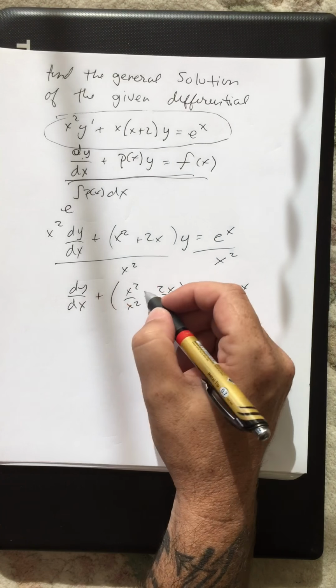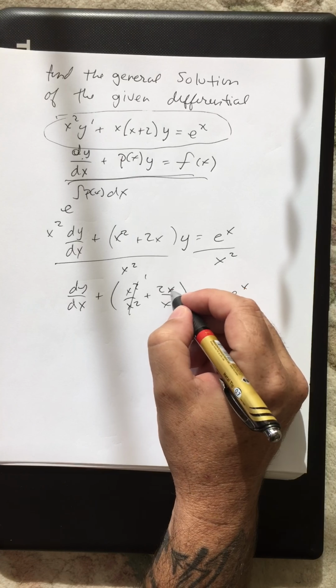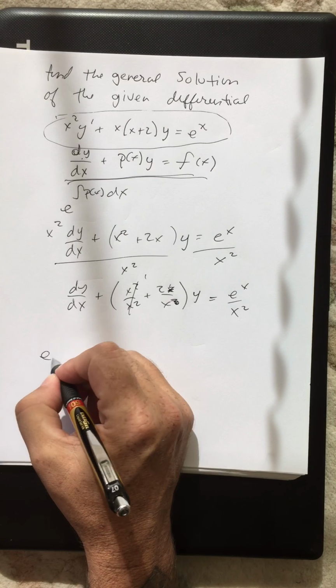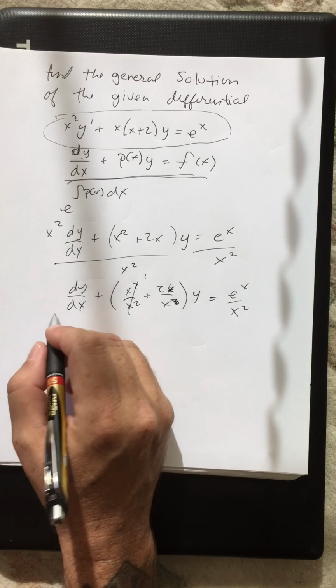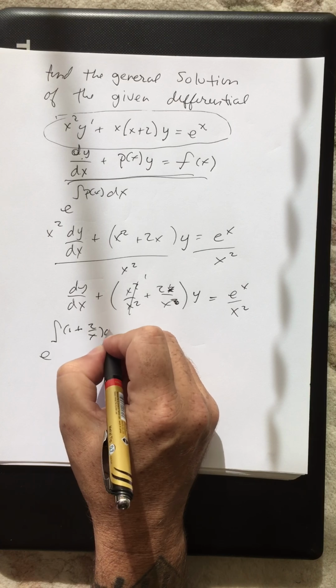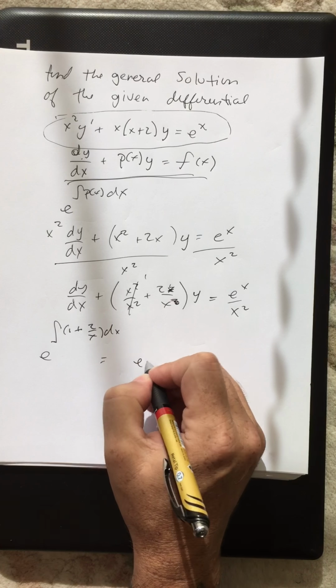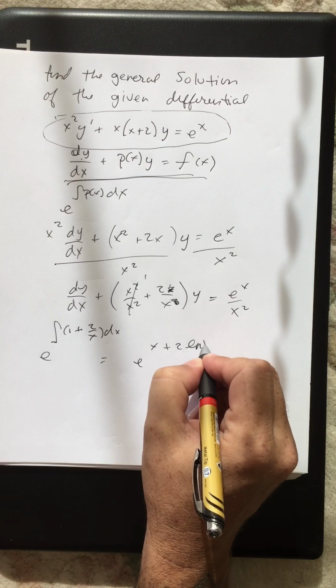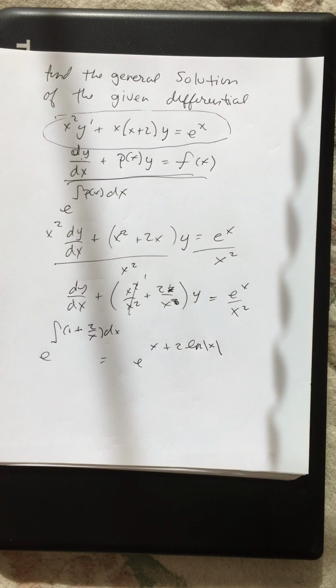See, what does this simplify to? 1, take out that x, take out that 2, 1 plus 2 over x. So our integrating factor is going to be e to the integral of 1 plus 2 over x dx, which equals e to the x plus 2 log x, where x is positive.